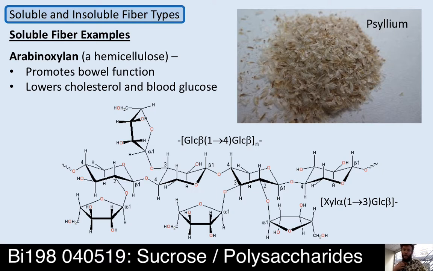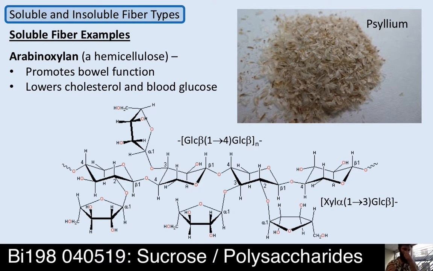It has this really weird xylose alpha-1,3 glucose linkage, which I know is not interesting at all to any of you, but it's an unusual carbohydrate linkage that's in there.